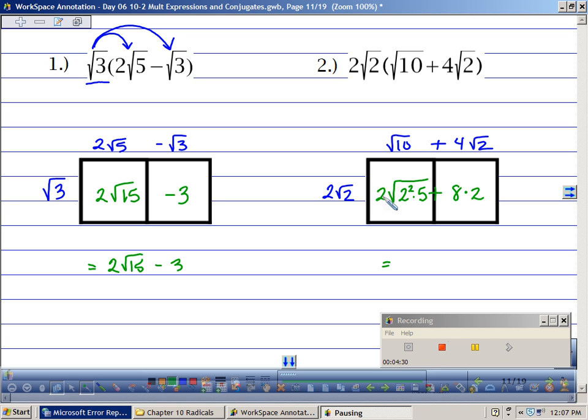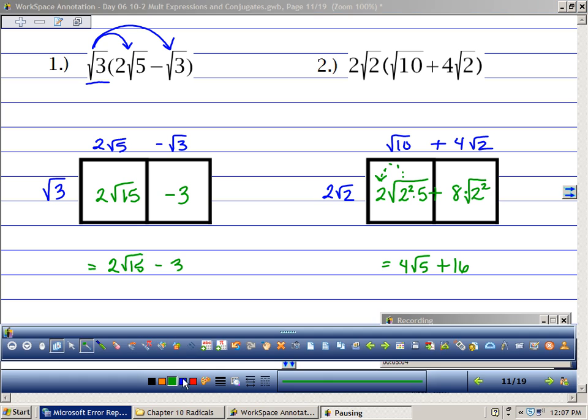What happens when I kick that 2 out? It multiplies by this other 2, which makes 4 root 5. And 8, if this confuses you guys, just write it out. This is the same thing, right? 8 times 2 is 16. So far, so good?